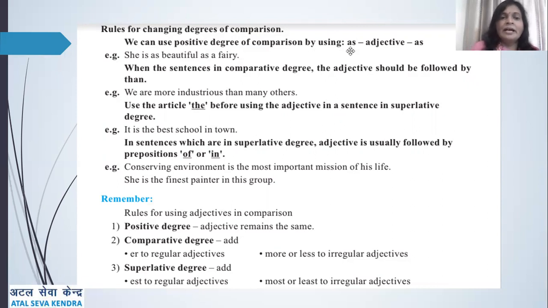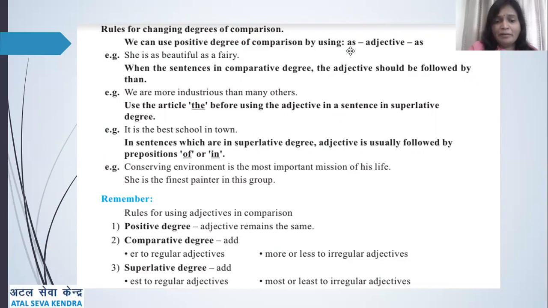All right. In sentences which are in superlative degree, adjective is usually followed by preposition of or in. Conserving environment is the most important mission of his life. She is the finest painter in his group. Now let us explore some rules for using adjectives in comparison.